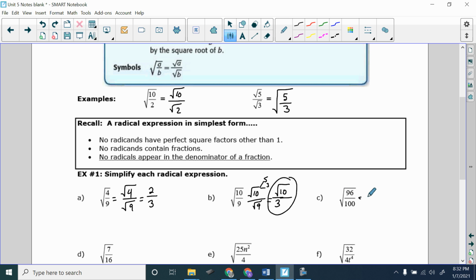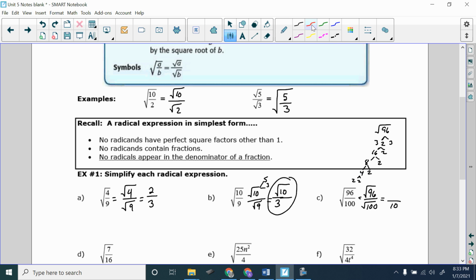So again, we're going to simplify by separating: the square root of 96 over the square root of 100. The square root of 100 is 10. But the top can be simplified. So we're going to take the square root of 96 and break it into its prime factors. So we have 3 and 32, 2 and 16, 2 and 8. 8 is 2 and 4, and 2 and 2.